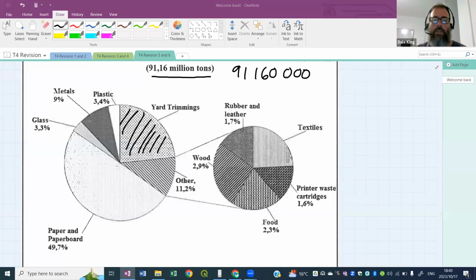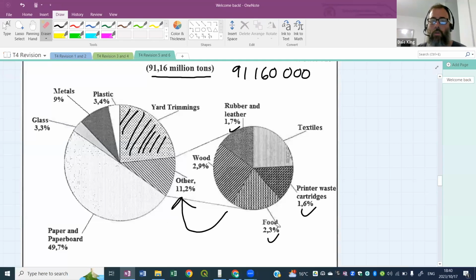Let's see how we do it. So, first thing to remember is that in the second pie chart, all those pieces of that pie belong to this percentage here. So all those little pieces of pie in there, the 2.9, the 1.7, the 1.6, and the 2.3, and textiles, they all belong to this section here called other, which is 11.2.